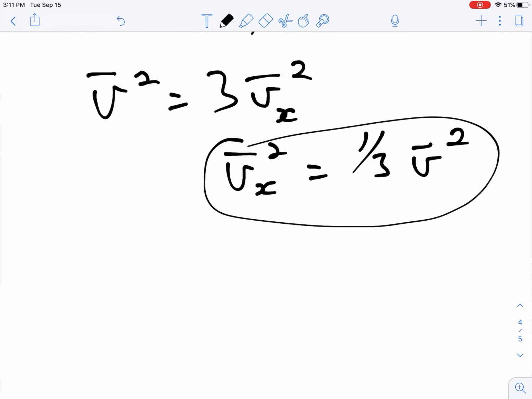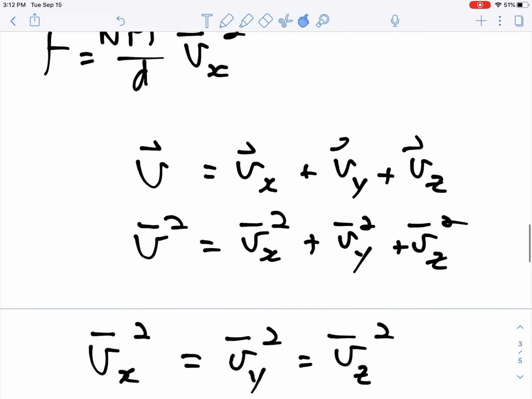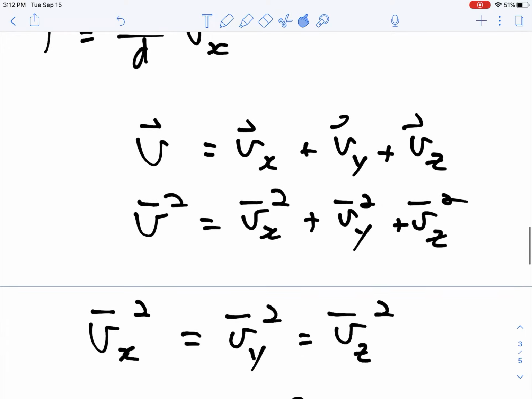So now we have that force is going to be equal to n over 3 times m over d times v squared. Double check that I did that right. N over 3, m over d, and then that becomes this. Yep, we did that right.